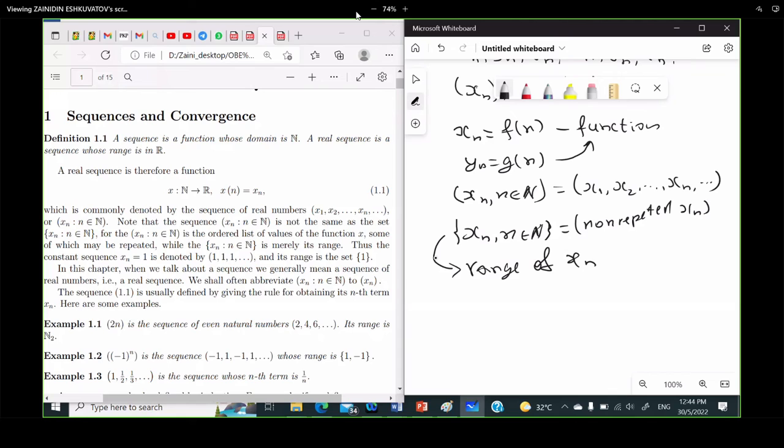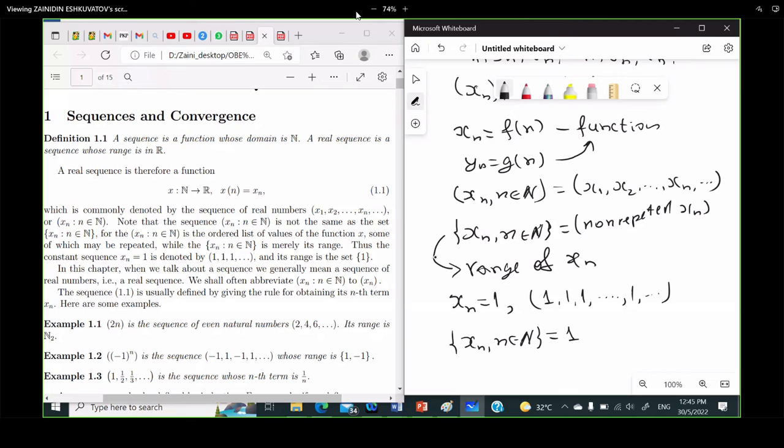So for example, xn equal to 1, a very nice example. In terms of bracket, it is 1, 1, 1, and so on. But in terms of the set xn, n from N, it is just one number. It is the range.